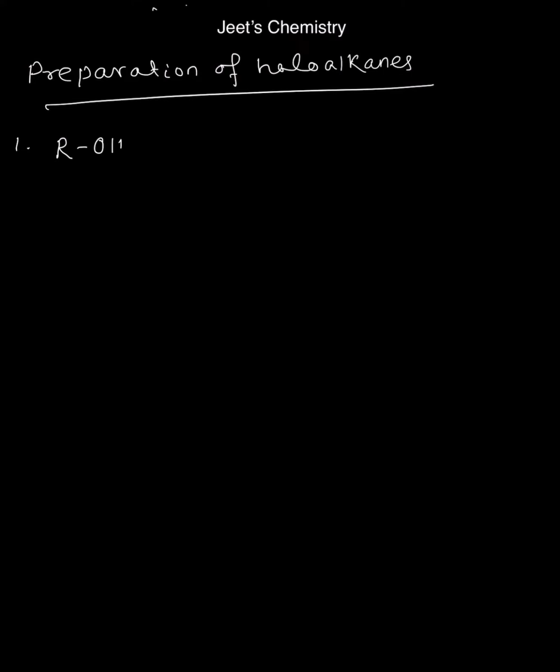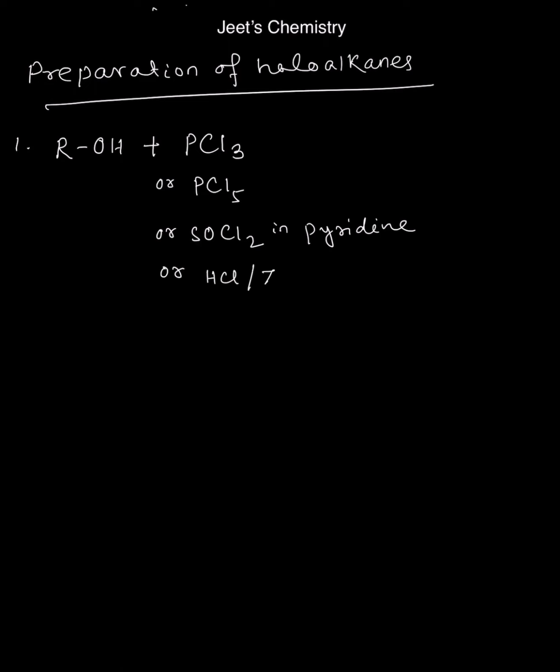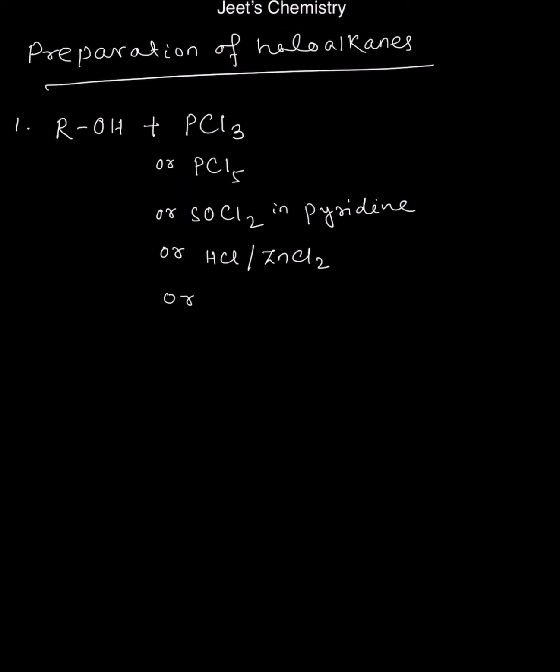When alcohol is treated with a chlorinating reagent, that can be PCl3 or PCl5 or thionyl chloride in presence of pyridine, or hydrochloric acid in presence of anhydrous zinc chloride, or antimony chloride, stannous chloride, or chlorine in presence of red phosphorus, it will give chloroalkane.